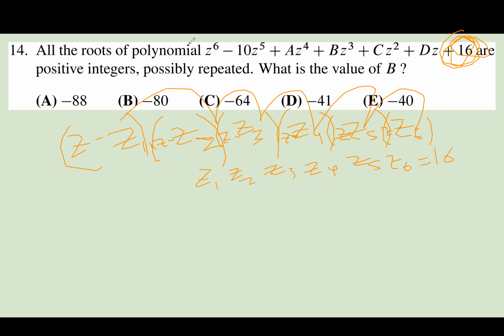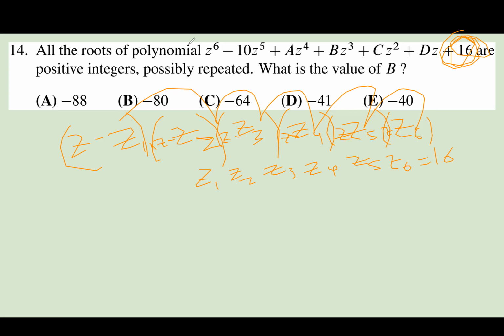Now, what about that minus 10 up there? That minus 10 must be there for a reason. One of the other rules, I think these are called Vieta's formulas, is that the sum of the roots, z1 plus z2 plus z3 plus z4 and so on, has to equal the negative of the second coefficient after the leading one, divided by the leading coefficient.